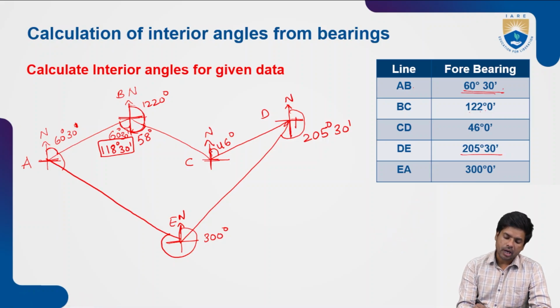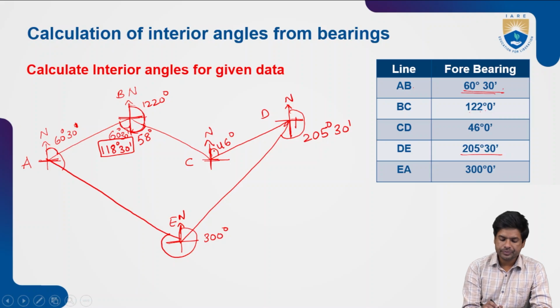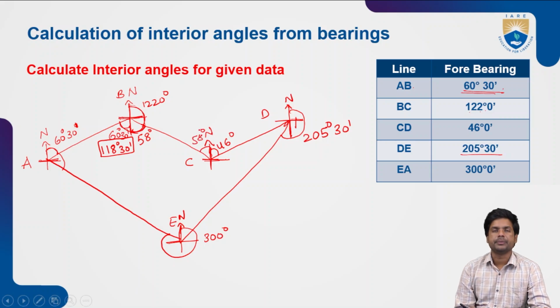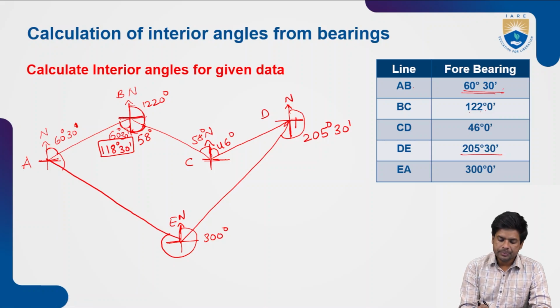And next one, coming to this point here, see, this angle is 58 degrees, right? So now see, this line and this line are parallel. Now if the angle is 58 degrees, now this angle will be how much? 58 degrees only. Okay, so now here see, the total angle from here to here is 46 degrees.